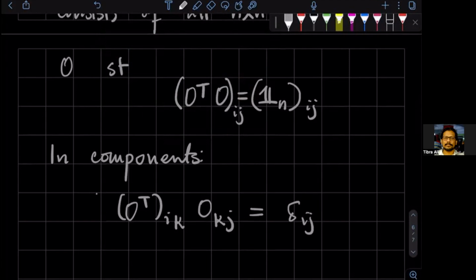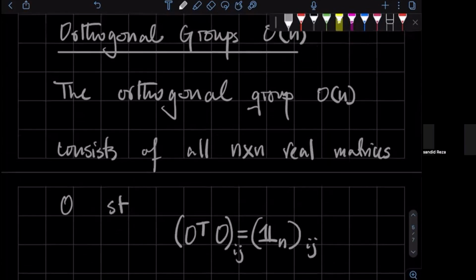Okay, so if I write k, what is the range of k? 1, 2, 3? Yeah, but we are working with n here.